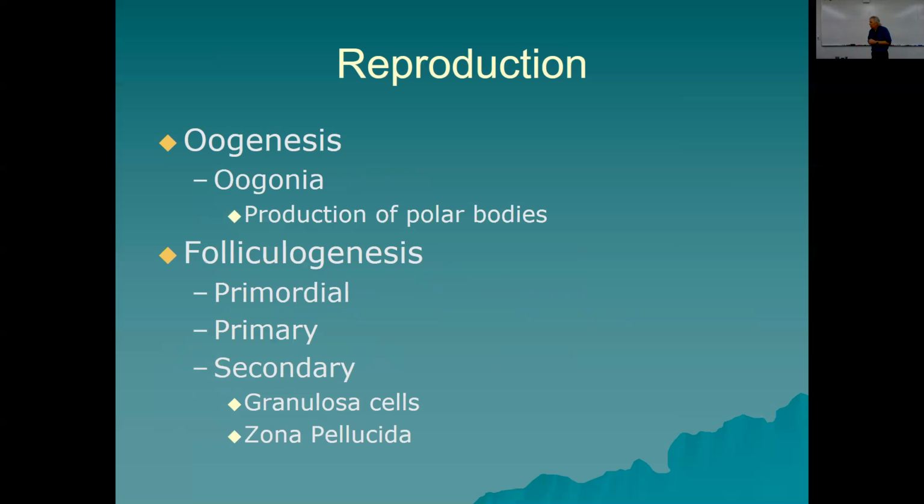So oogenesis is meiosis, female meiosis. Oogonia are the cells that start the follicular development and start the production of a viable gamete. And these polar bodies are sets of chromosomes that are thrown away because at the end of female meiosis, there's one gamete made, just one.